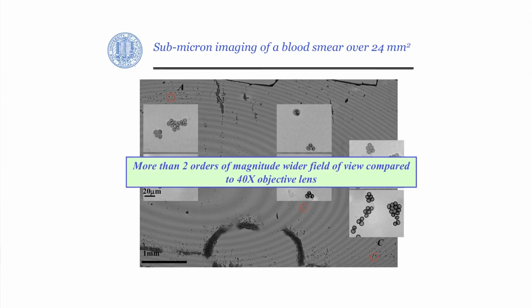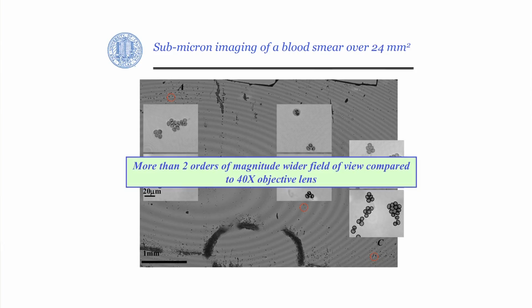And this is, of course, important because if you're looking at blood smears for looking at morphology of red blood cells, to understand if the red blood cell morphology is abnormal due to, for instance, a parasite invading the red blood cell, then you're looking at extremely rare patterns. In the case of malaria diagnostics using, for instance, thin blood smears investigated through microscopy, the parasitemia is on the order of 1% or less.